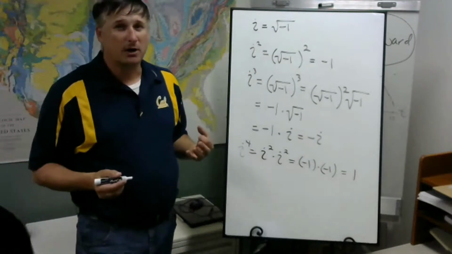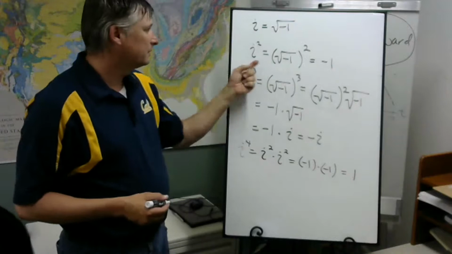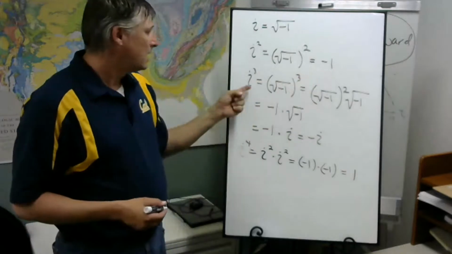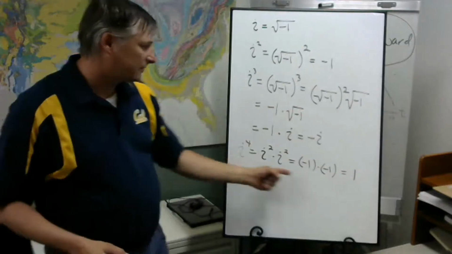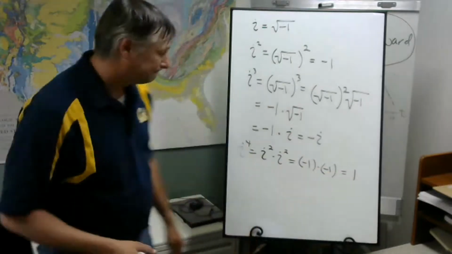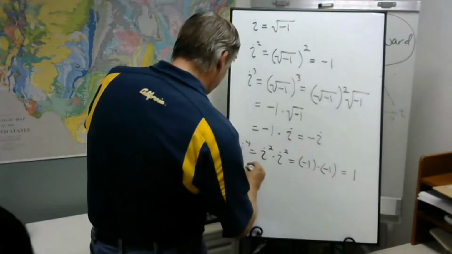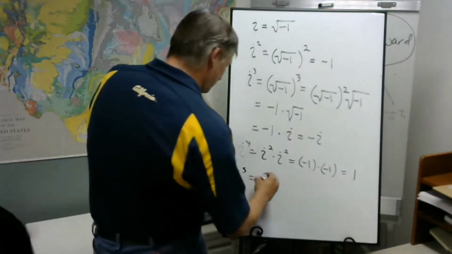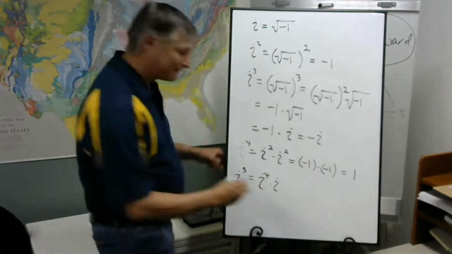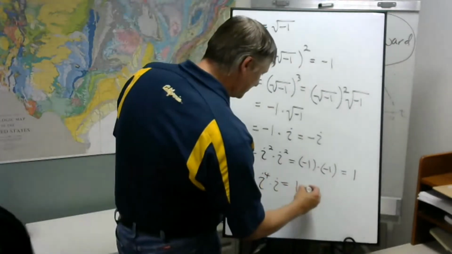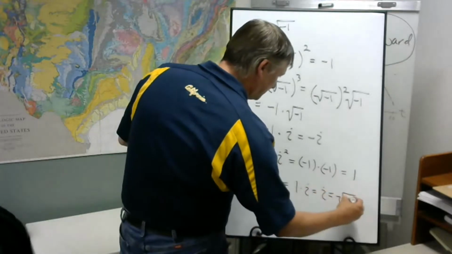So this is what we have so far: i is the square root of -1, i squared is -1, i cubed is -i, i to the 4th is +1. i to the 5th. Well, we could say this is i to the 4th times i, or 1 times i, which is just i, or the square root of -1.